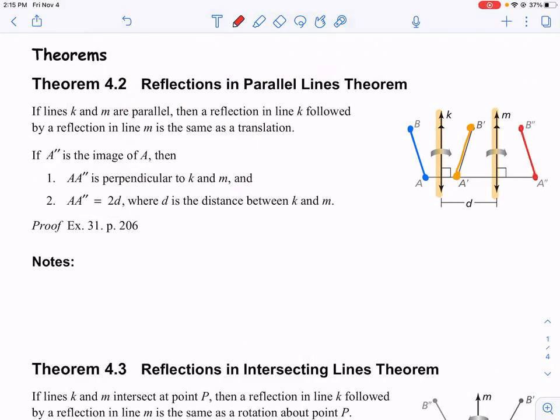So fun fact: if I draw a line that connects these three coordinates, it's going to be perpendicular. Another fun fact: whatever the distance is between my two parallel lines, this point to this point is going to be double that.